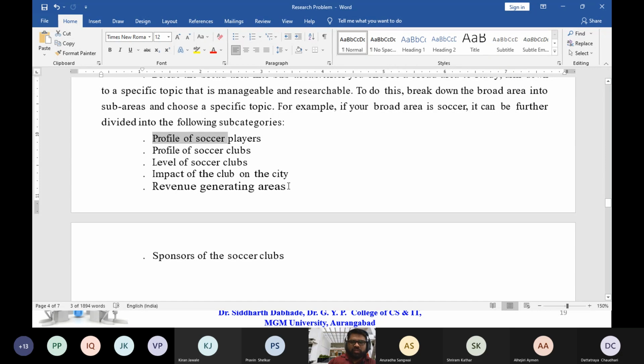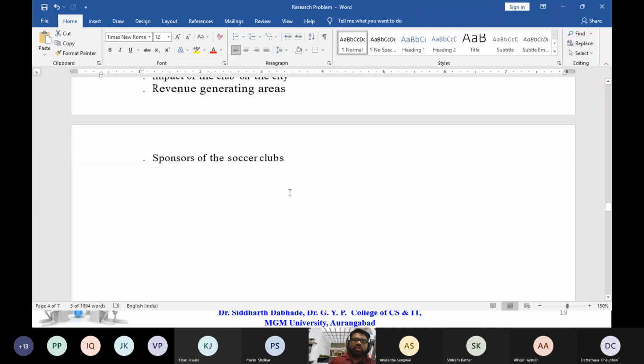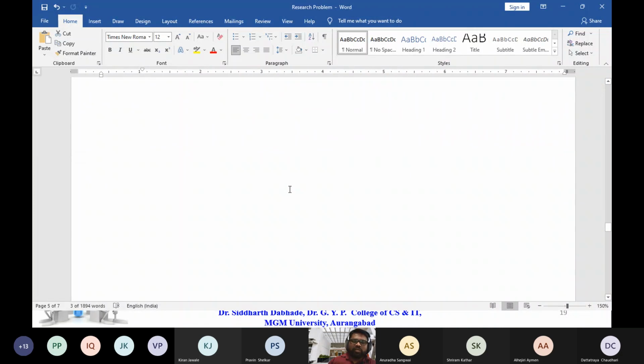Likewise, you need to make a detailed, in-depth subdivision of your topic, and on the basis of that you need to reach your research problem.